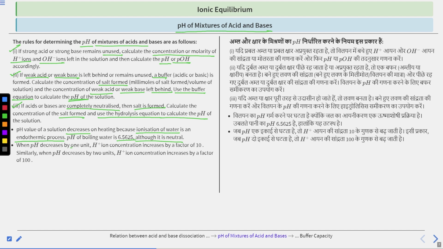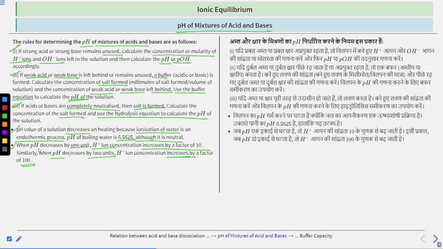When pH decreases by 1 unit, H+ ion concentration increases by a factor of 10. Similarly, when pH decreases by 2 units, H+ ion concentration increases by a factor of 100. So these are the two points which we have to keep in mind. The first is how the pH value of a solution changes on supply of heat, and the pH of boiling water is 6.5, although it is neutral.